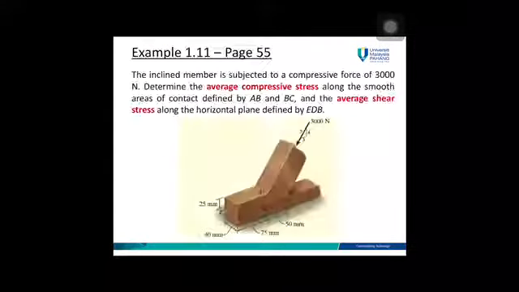First, let's determine the area of each segment. First, you calculate the area. AB area first. Look back at the question. This is your AB, and the area is here.